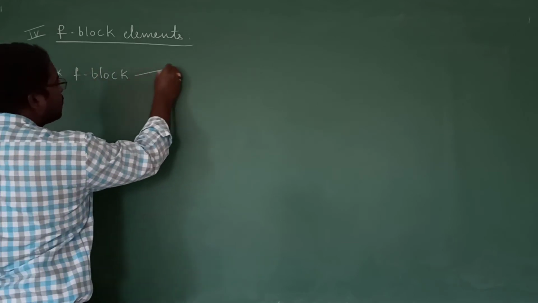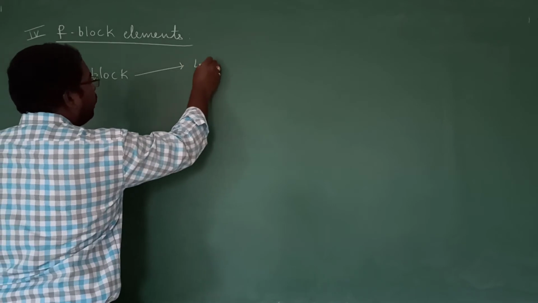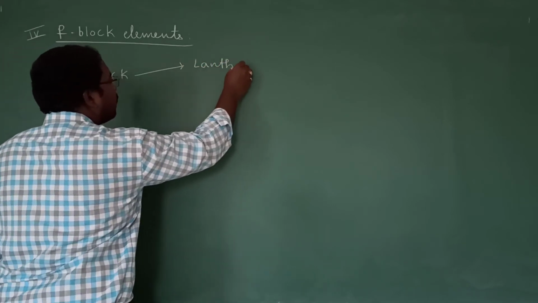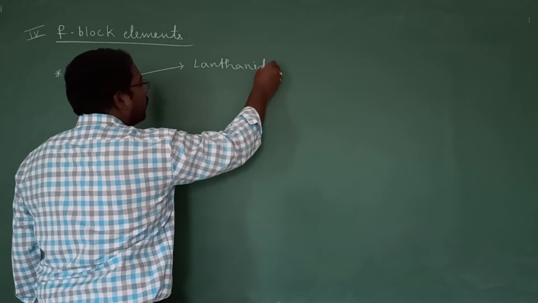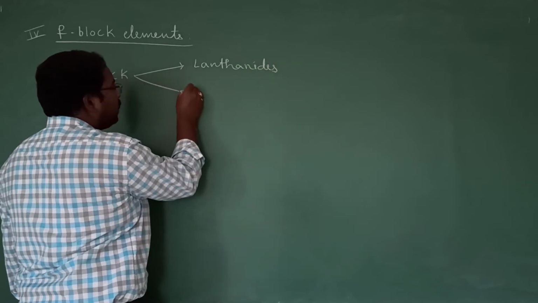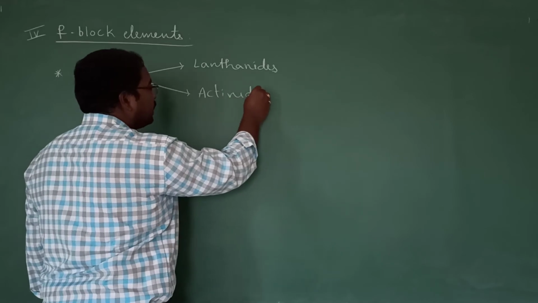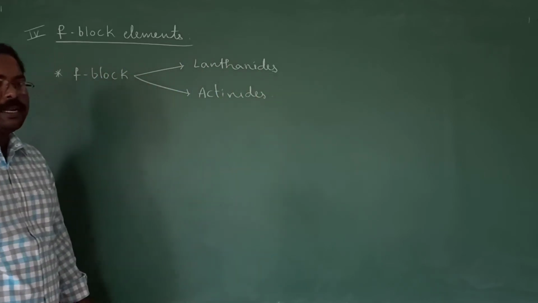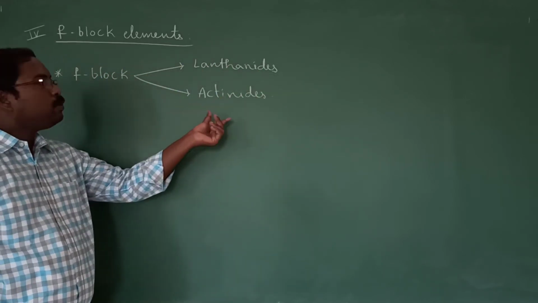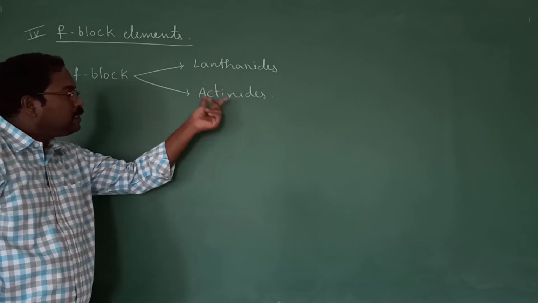They are known as lanthanides, and the other one is known as actinides. So F block includes two types of elements, the lanthanides and the actinides.